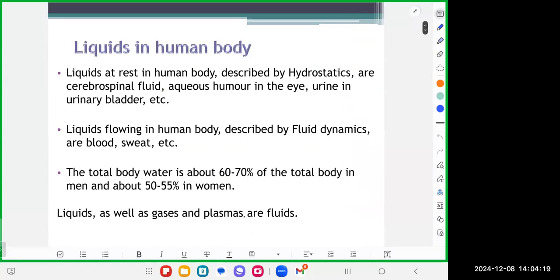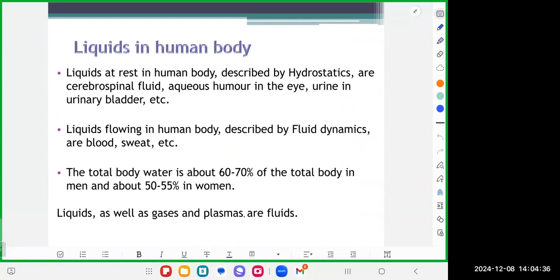In the human body, there are two types of liquids. The first one is the liquid at rest in the human body.